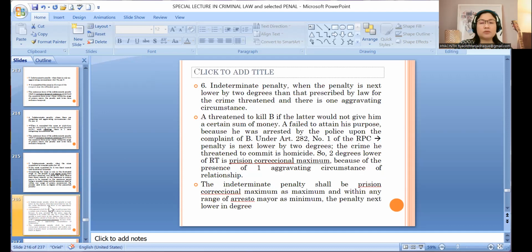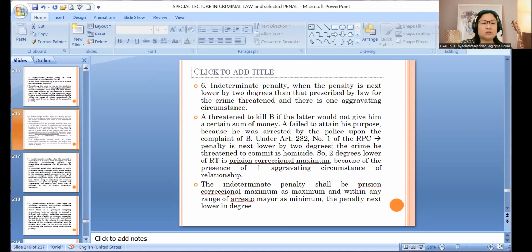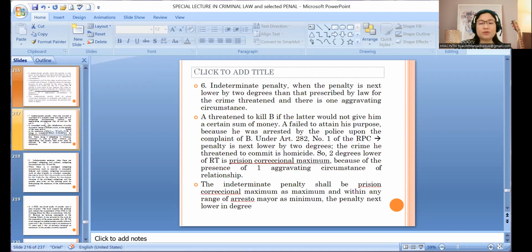Now, how about when the penalty is lowered by 2 degrees than that prescribed by law for the crime threatened and there is one aggravating? Example, A threatened B to kill B if the latter would not give him a certain sum of money. A failed to attain his purpose because he was arrested by the police officers.